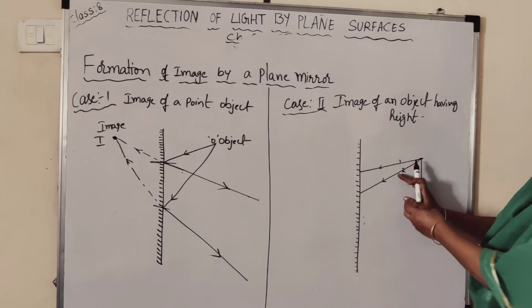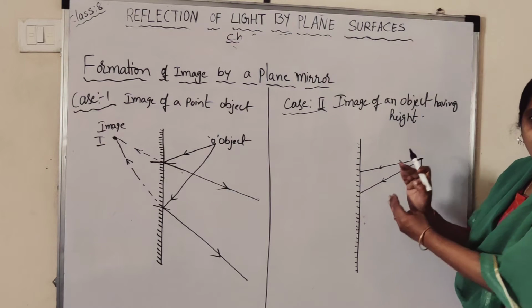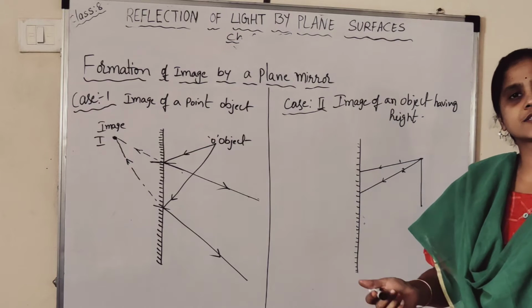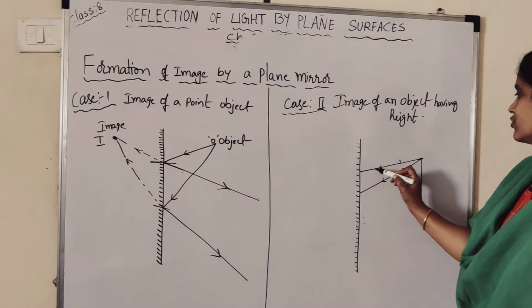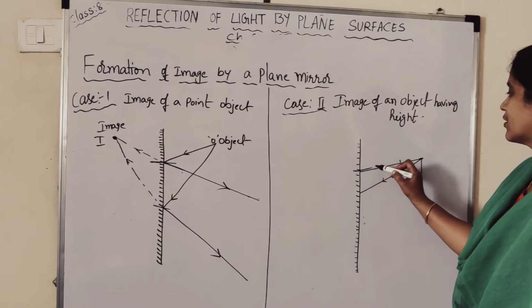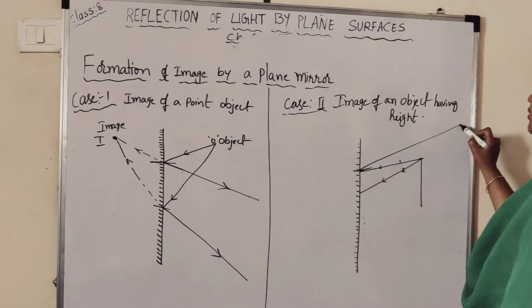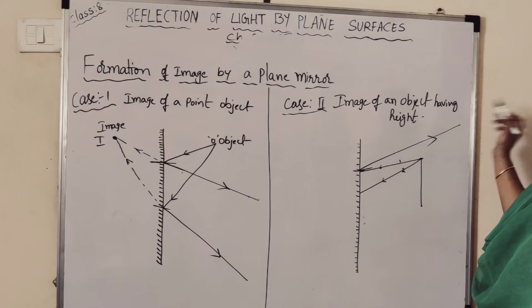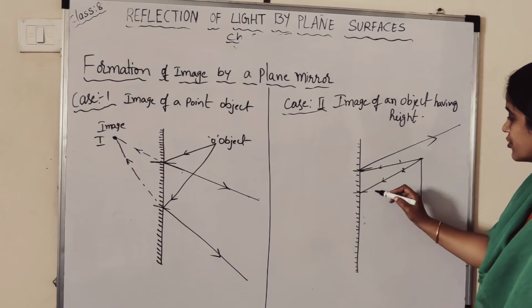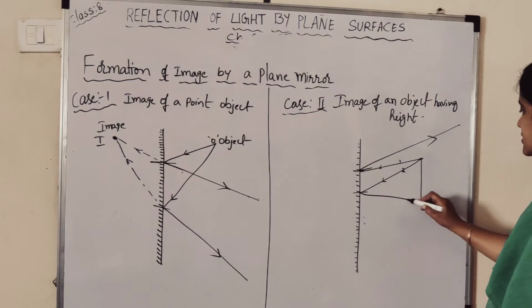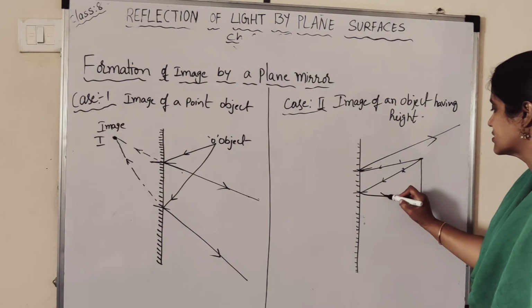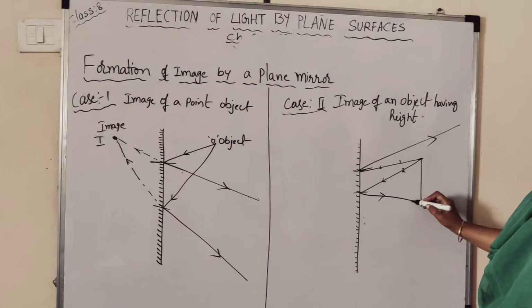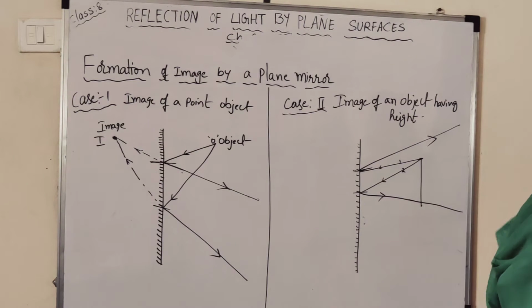When these rays are incident on the mirror, reflection takes place immediately. For this you have to draw a normal. When you draw the normal, these rays will reflect like this. And for this also, if you draw a normal, the ray reflects like this. These are the reflecting rays.